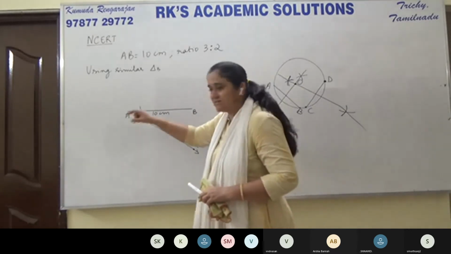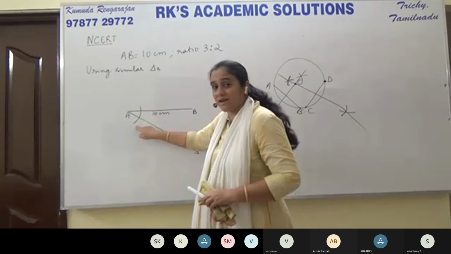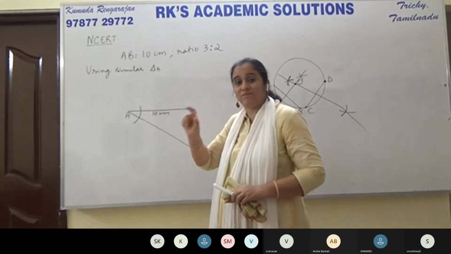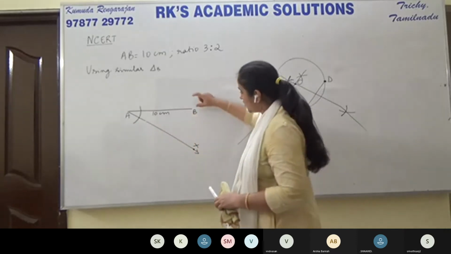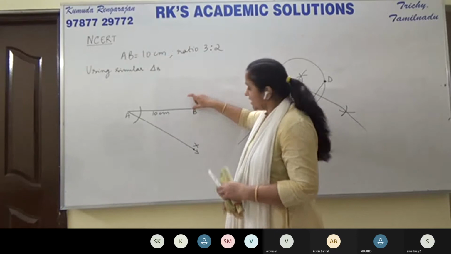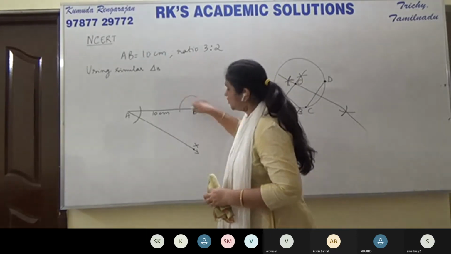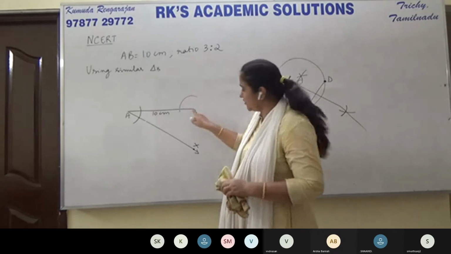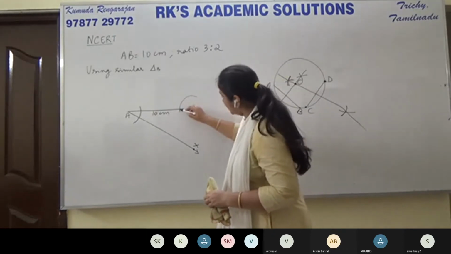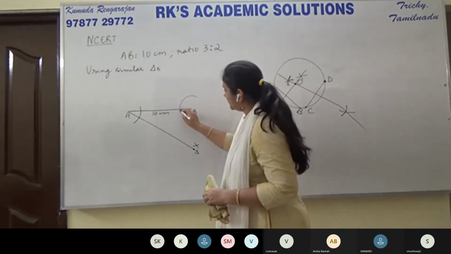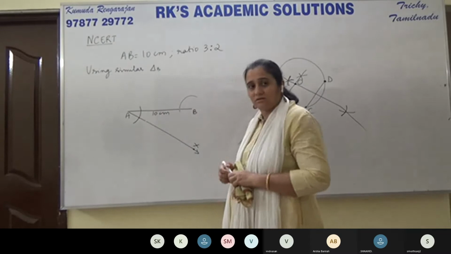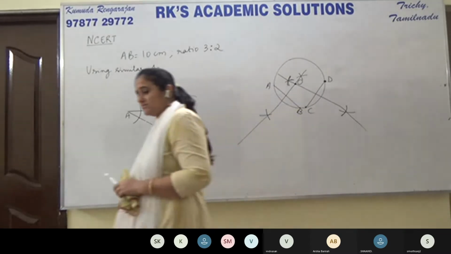With A as center and some radius, you got this arc. With the same radius, put your compass tip here and draw an arc like this. Now there are no other lines, right? There's only one line. So you should draw this arc so that it intersects the line segment AB, somewhere like this. Don't change the radius.